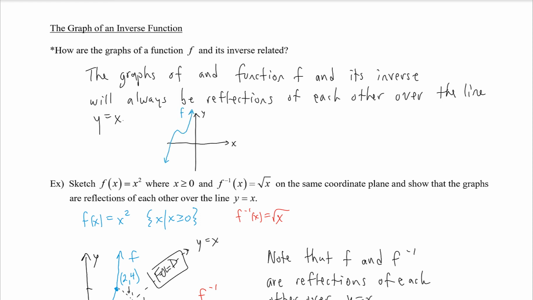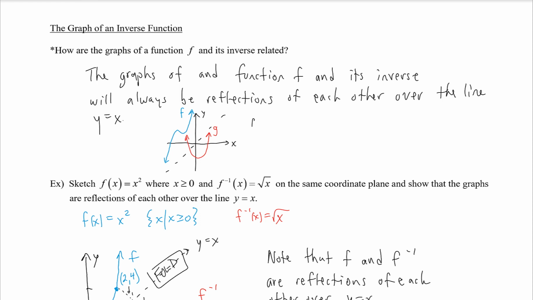Let's say that's f. And then let's say you have another graph that looks like this. That's g. Well, those are clearly not reflections over y equals x. If I draw in y equals x and fold the coordinate plane, f and g aren't going to match up. They're not going to fold over on top of each other.